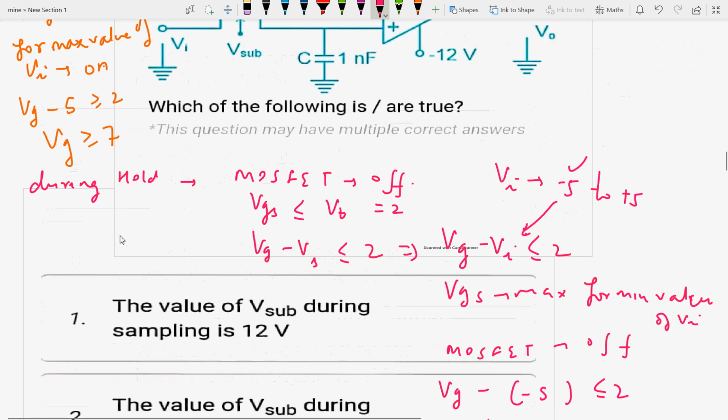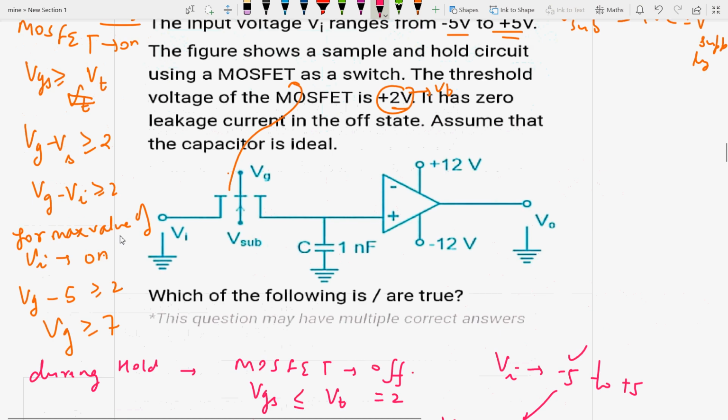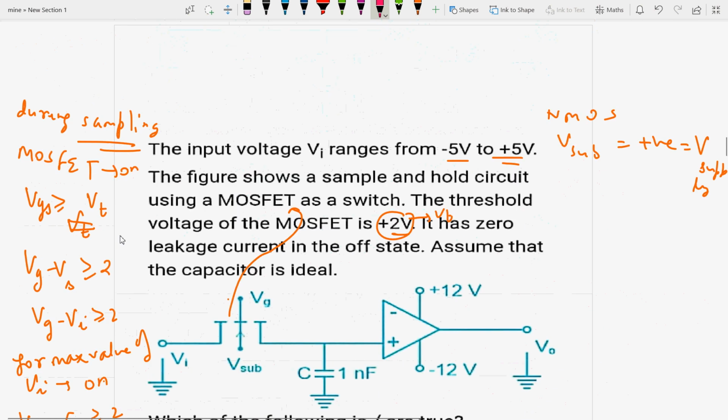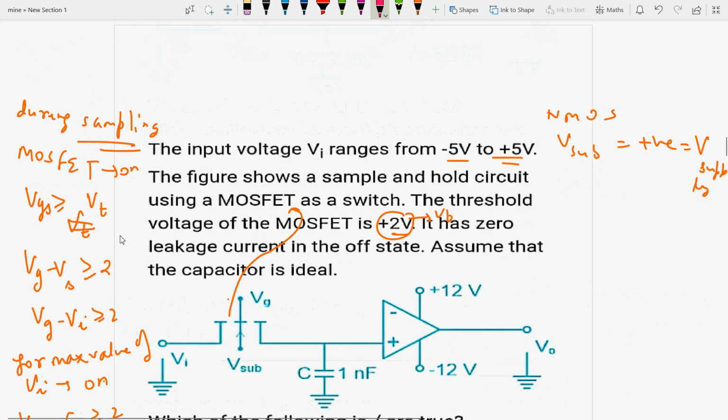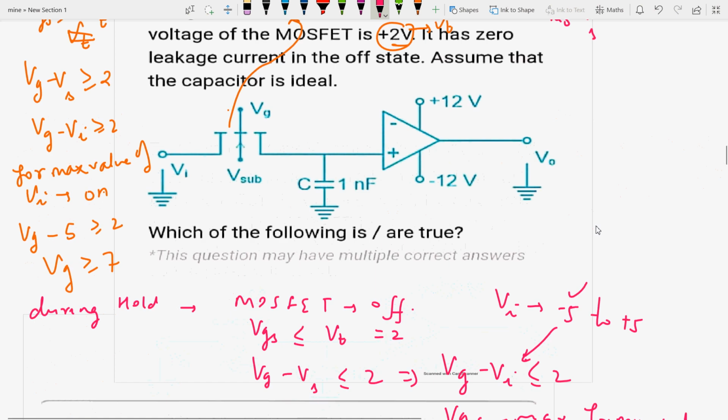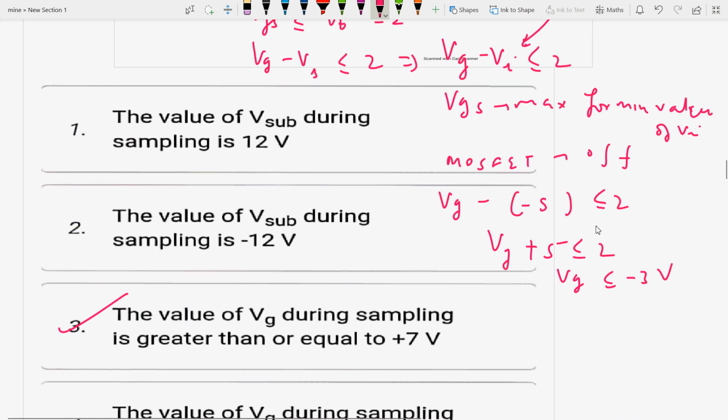And one more thing, the value of substrate voltage will be equal to the supply voltage, as I have already told you. That means it is equal to 12 volt. This substrate voltage will be equal to supply voltage, which is 12 volt, and which is absolutely correct. So the answer will be the first and third option.